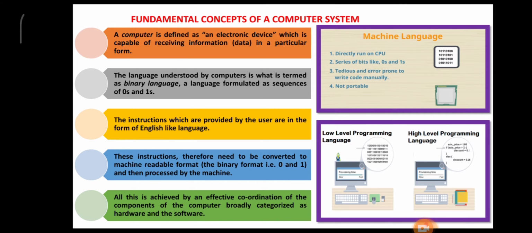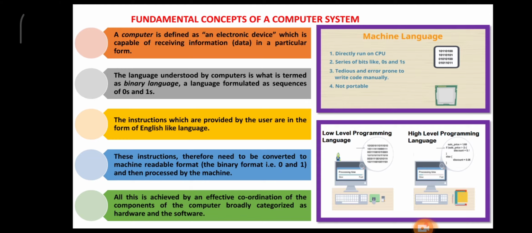Bi means 2. How many wheels does a bicycle have? A bicycle will have 2 wheels. So bi means 2. Now this bi is formulated as zeros and ones. So the language that a computer understands is termed as a binary language, and it is of the form of either 0 or 1. Hope this second point is clear.